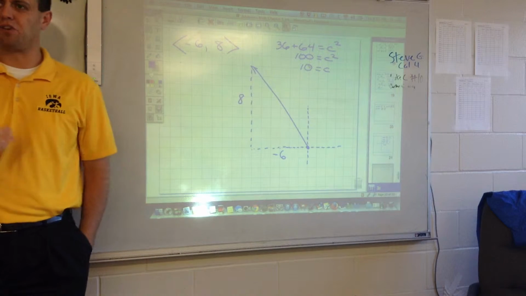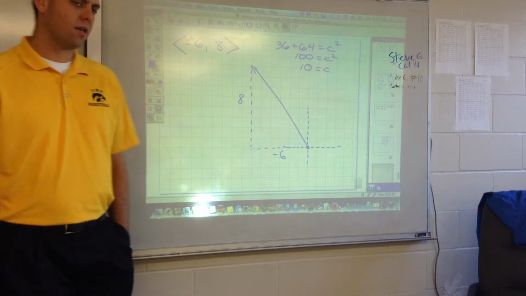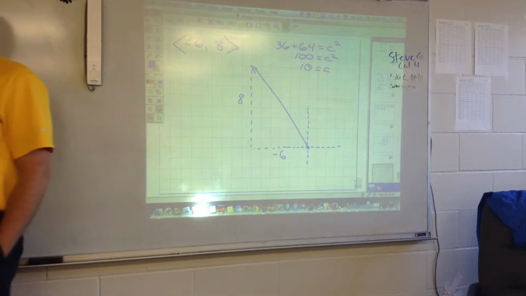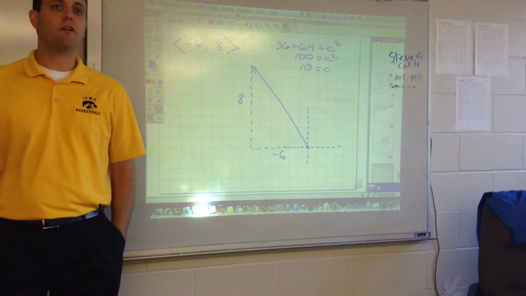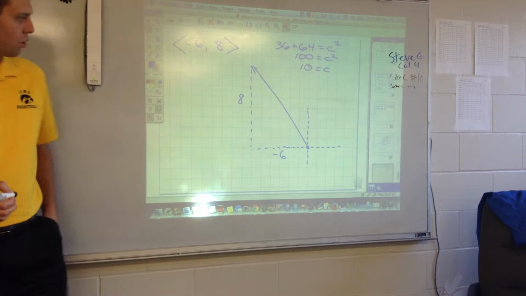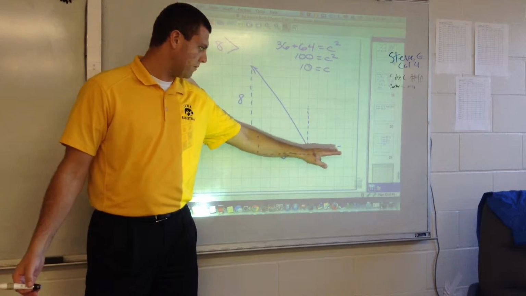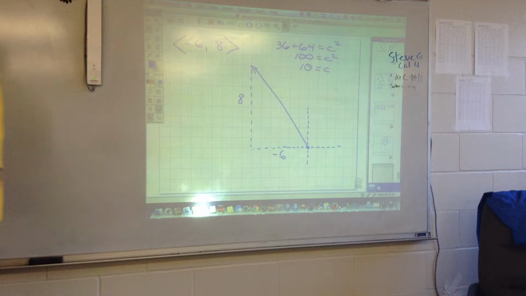I didn't really give you a specific label in this one, but 10 units. The direction is going to be represented by an angle. This angle could be labeled any of about 3 different ways. You're going to be able to give it an angle measurement. If this is 0 degrees, maybe it's going to be somewhere around 110, so you can just label it at about 110 degrees.